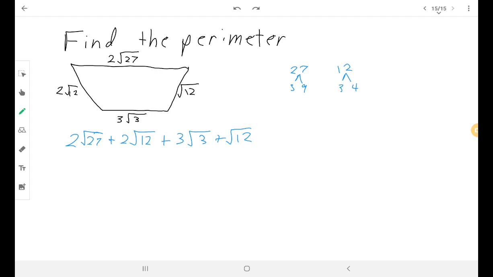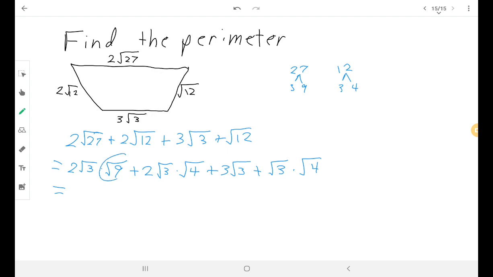So let's call this 2 times square root of 3 times square root of 9 plus 2 times square root of 3 times square root of 4 plus 3 times square root of 3 plus square root of 3 times square root of 4.